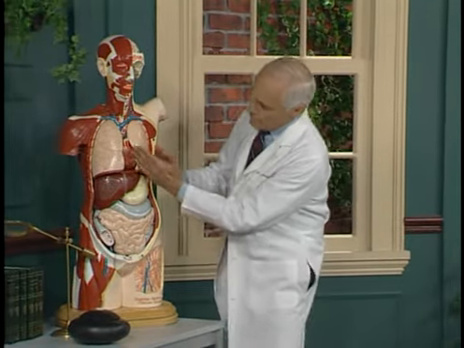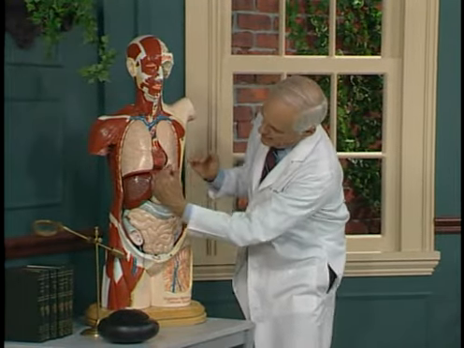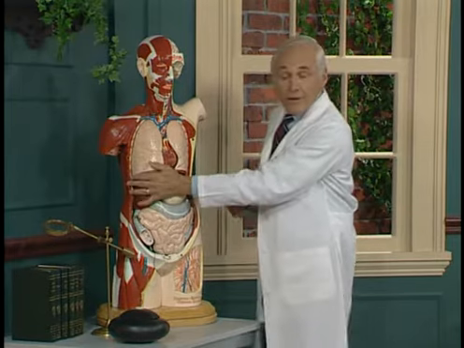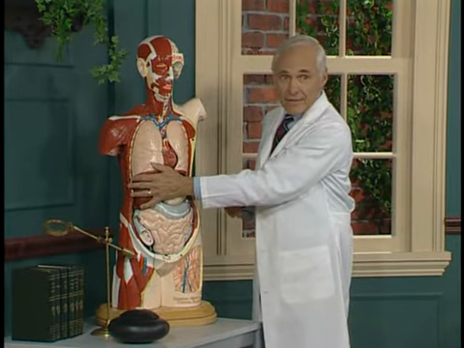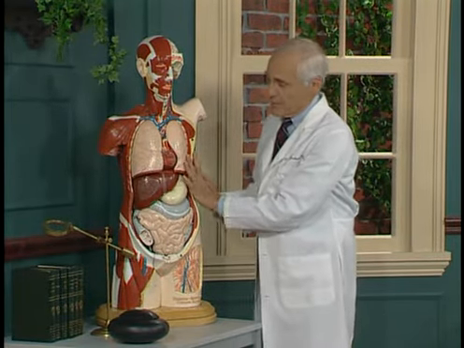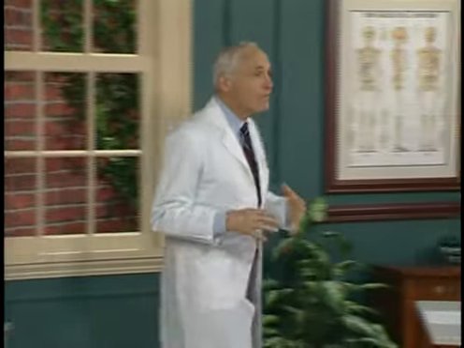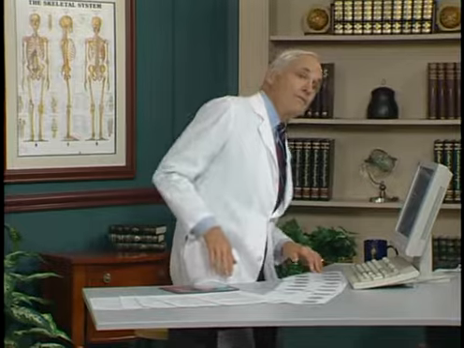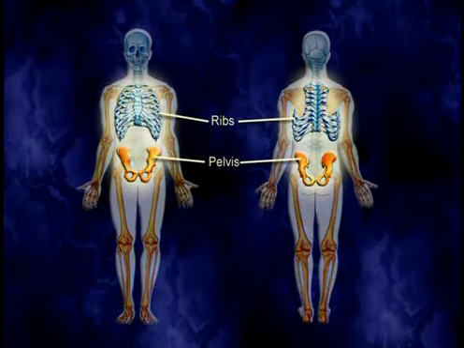The ribs come down this way and this way, cover the liver in its entirety, and on this side cover part of the stomach and the spleen. The bones and the various body cavities tend to overlap. If we go back to the first slide, look how close the lowest part of the rib cage is to the hip bone.